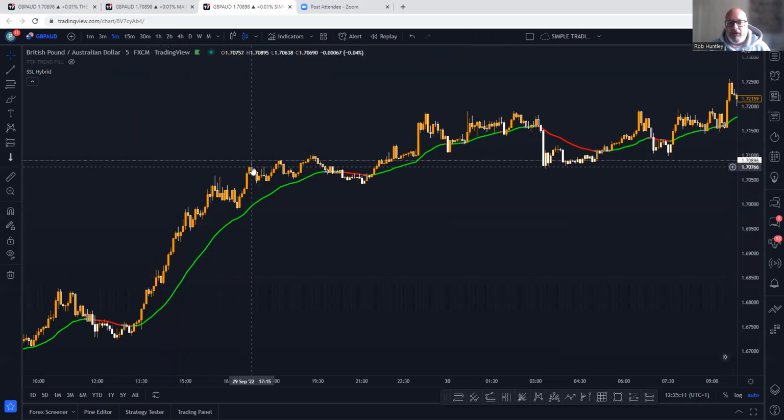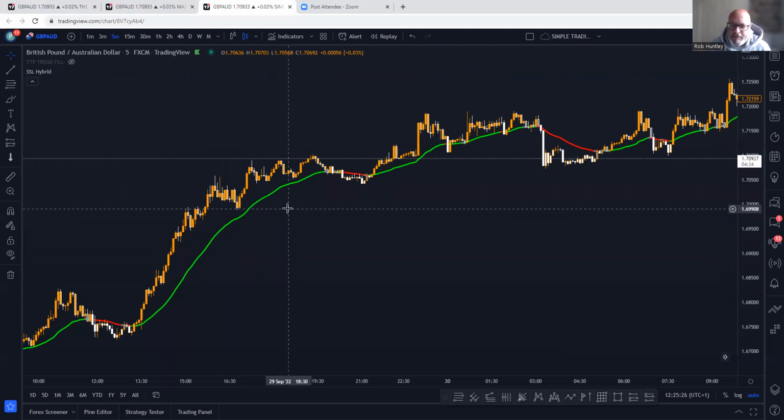I did mention it briefly in the previous video, that it's not really going to turn white, in my case, until it is a proper candle affecting this line here.